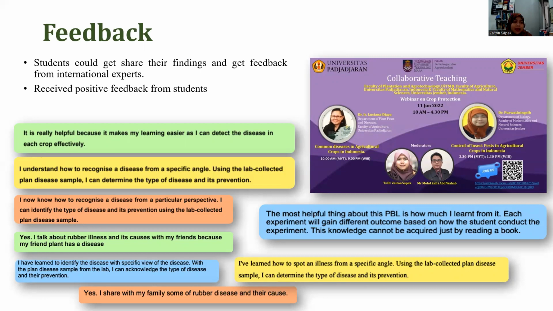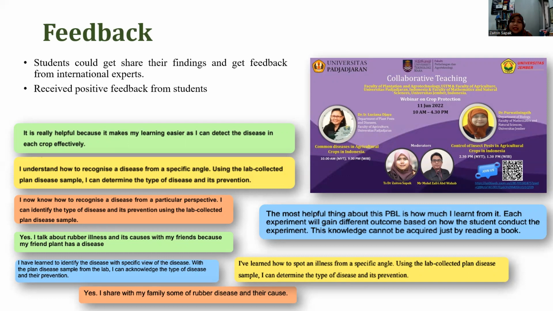Others say that they now know how to recognize a disease from a particular perspective and can identify the types of the disease and prevention. And I've learned to identify the disease with a specific view of the disease. With the plant disease sample from the lab, I acknowledge the types of disease and their prevention.